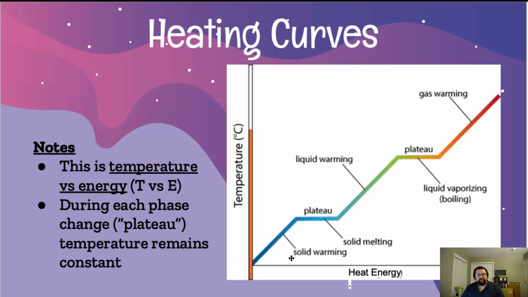It's going to be a solid. As we add heat energy, the temperature will steadily rise until we hit our first plateau. This will be where we have melting taking place, and while something melts, it will stay at the same temperature.